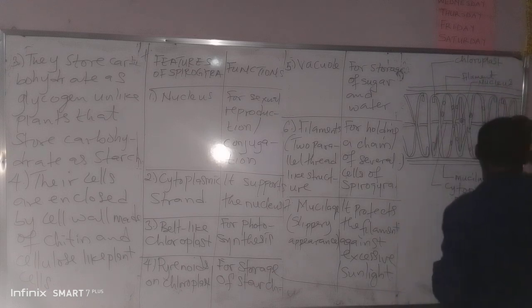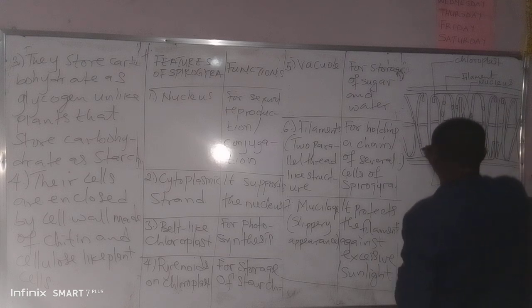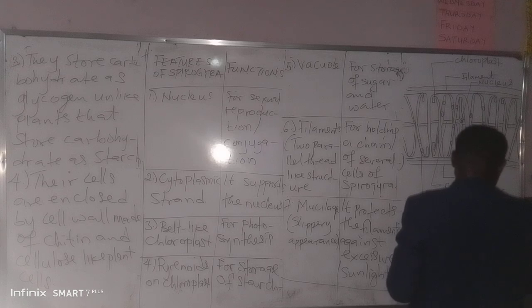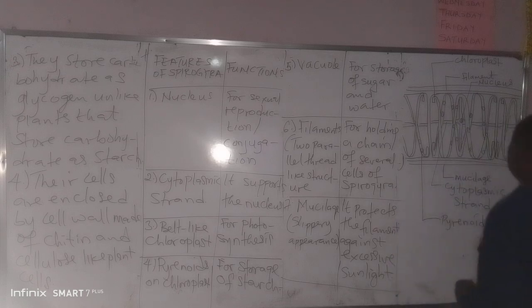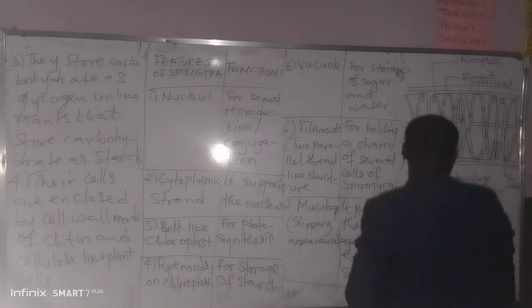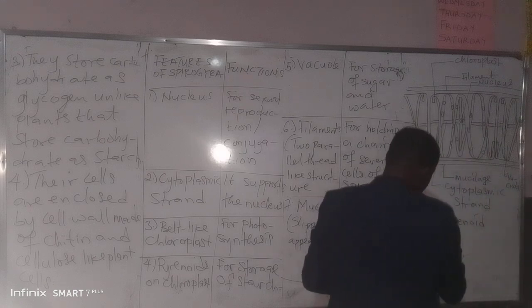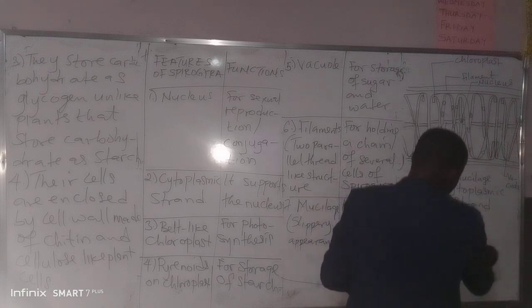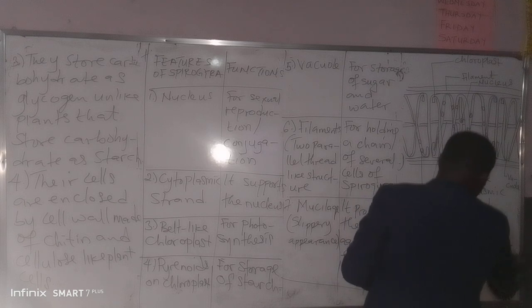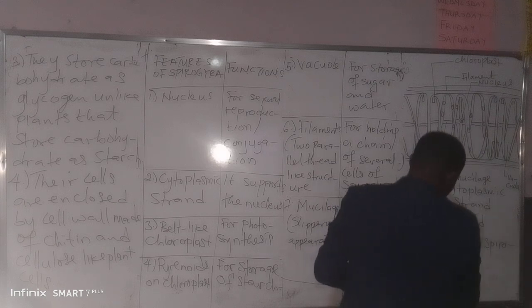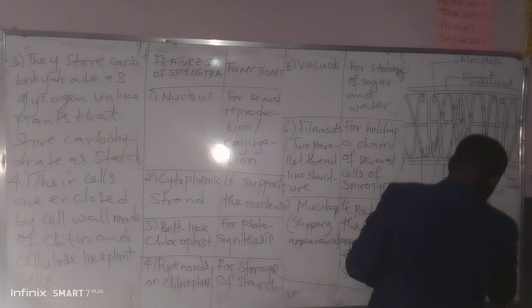And the pyrenoids inside, all these ball things, are for the storage of starch. The space in between each chloroplast is called vacuole. So what we have here is the diagram of a Spirogyra filament.